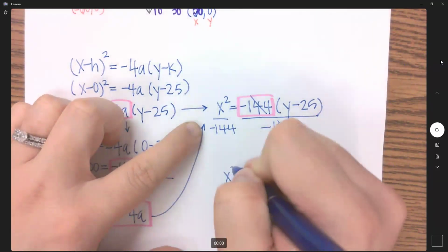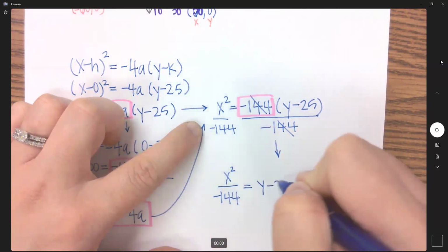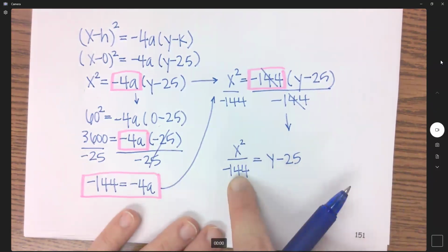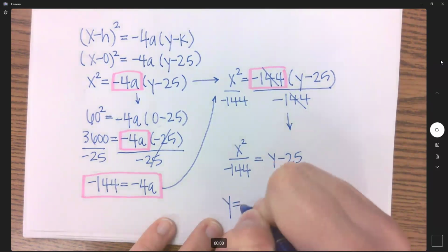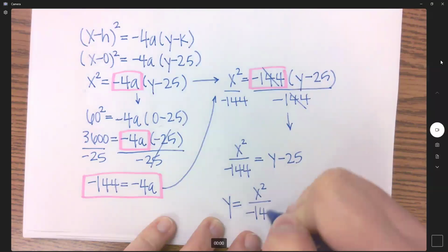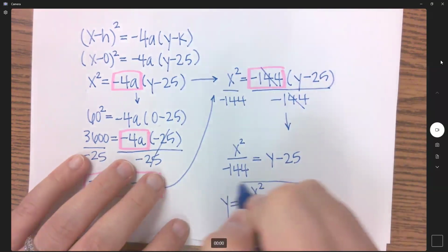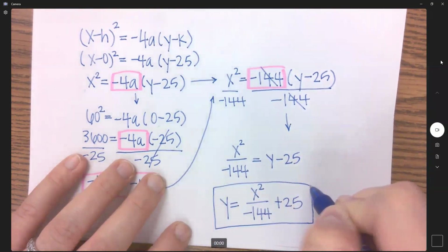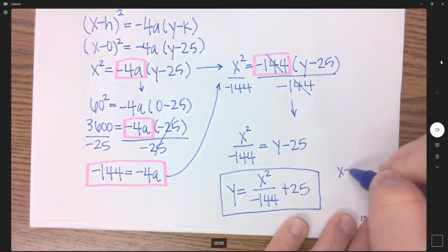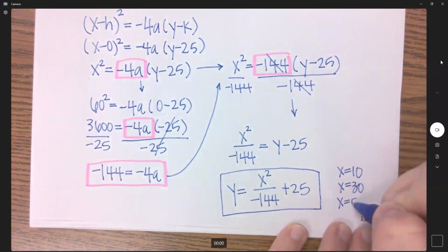I have x squared over negative 144 equals y minus 25. And now to get y by itself, add that over. So we have y equals x squared over negative 144 plus 25. So now I can plug in x equals 10, x equals 30, and x equals 50.